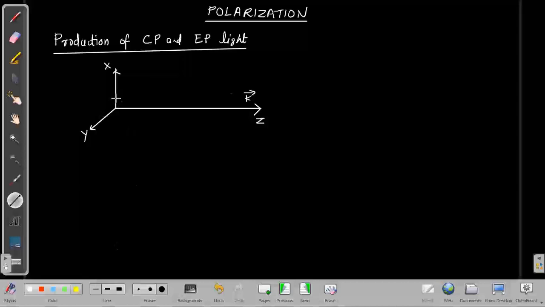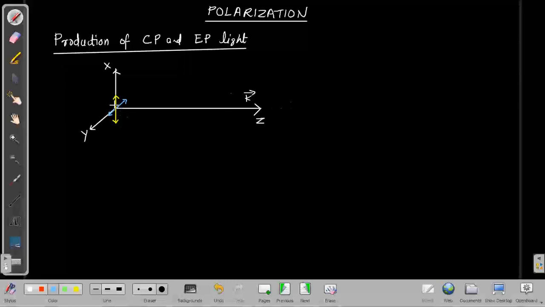Now suppose two mutually perpendicular electric fields are present all the time: some electric field oscillating along the x direction and another electric field oscillating along the y direction. Then it is possible to get another kind of polarization. Instead of linearly polarized light, we can get circularly polarized or elliptically polarized light.